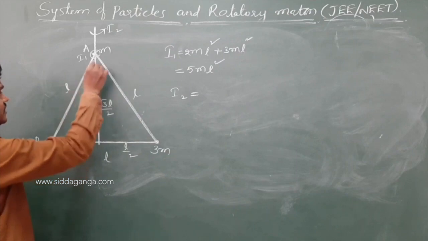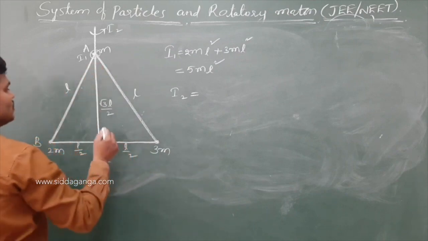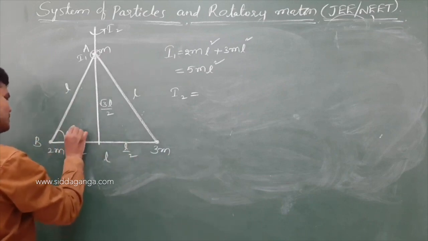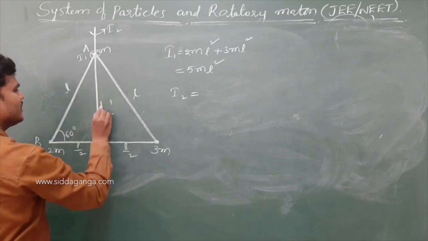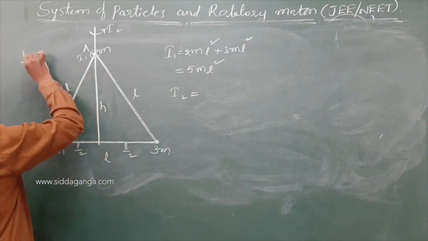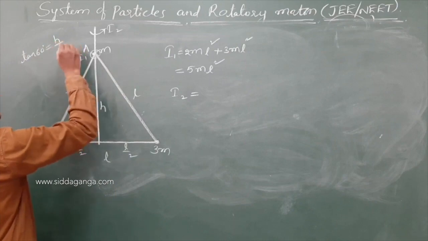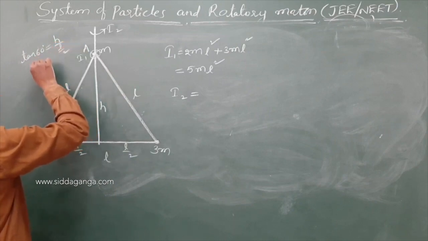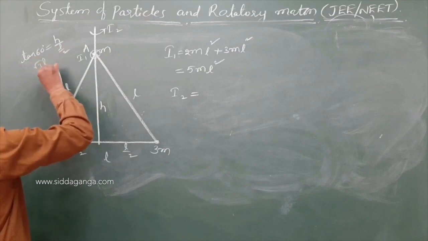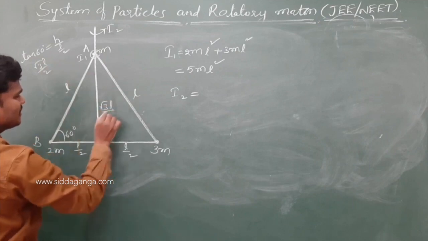Use the Pythagoras theorem. Otherwise, with 60 degrees, if this is H, tan 60 is H by L by 2. Tan 60 is root 3, so H is root 3 L by 2. Use the Pythagoras theorem, otherwise use the angle method.